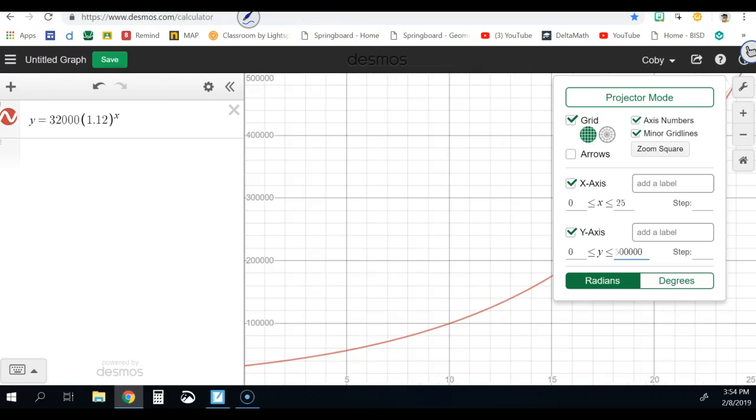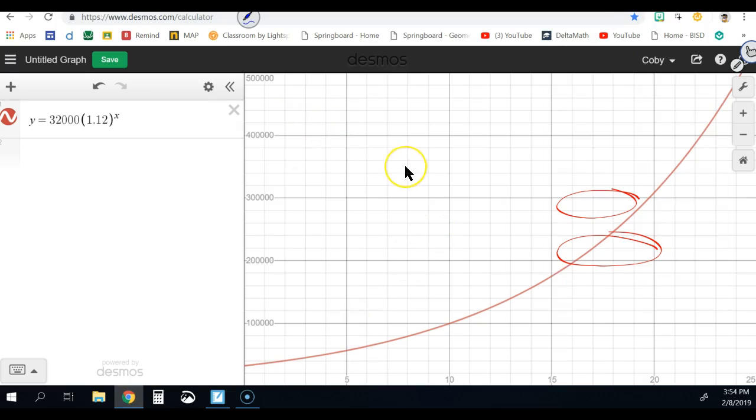Okay, what I did here, I went and changed some of the window settings so that we have a nicer view to look at. Our x, our years, I set to go from 0 to 25 years. The y, which is our salary, from 0 to 500,000, which is $500,000.